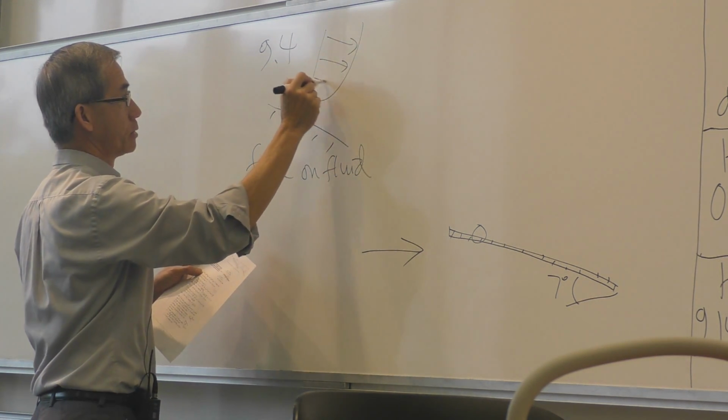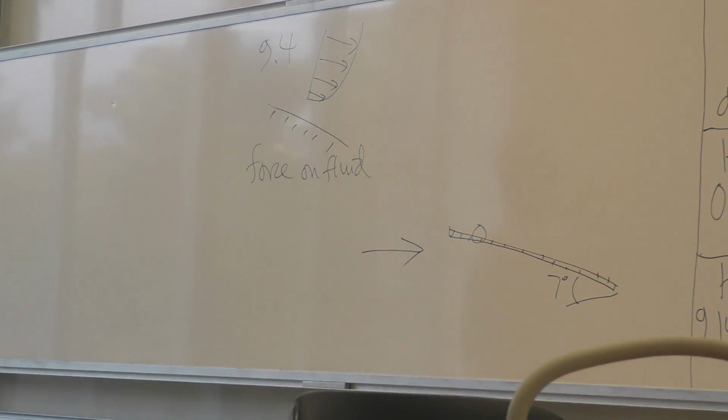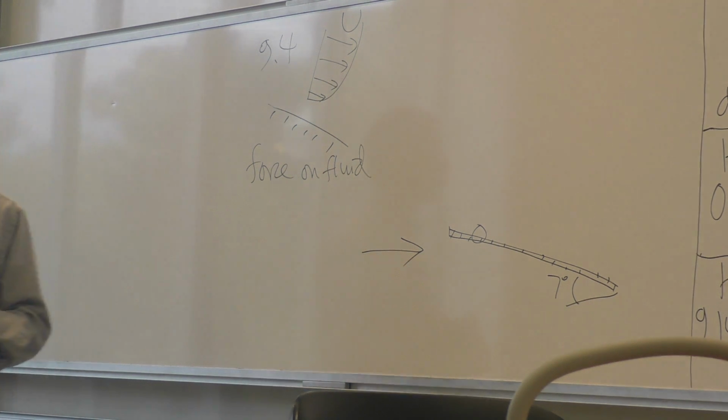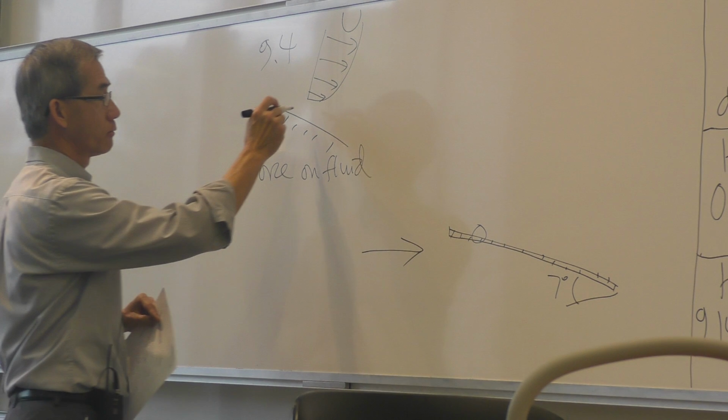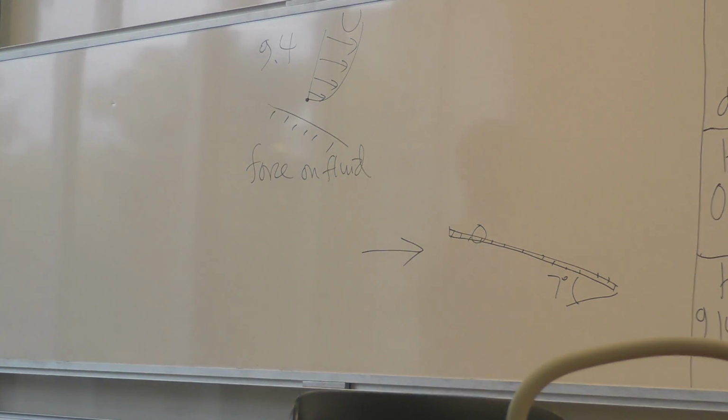I leave a little gap between the plate and the velocity profile so I can show the direction of the forces. Which direction is the force acting on the fluid in order to slow it down from that free stream velocity to zero velocity? If I ask you to draw the direction of the shear force on the fluid, on the air, which way does it act?